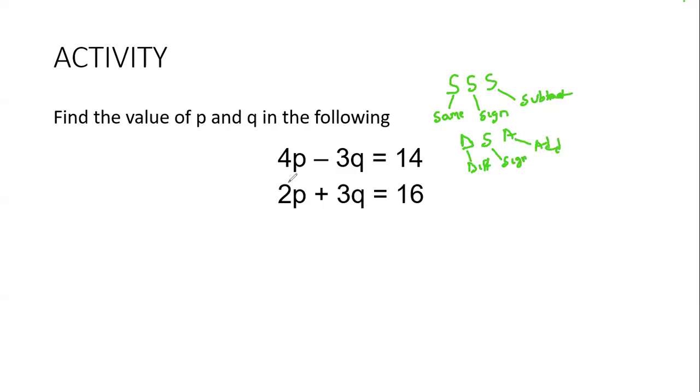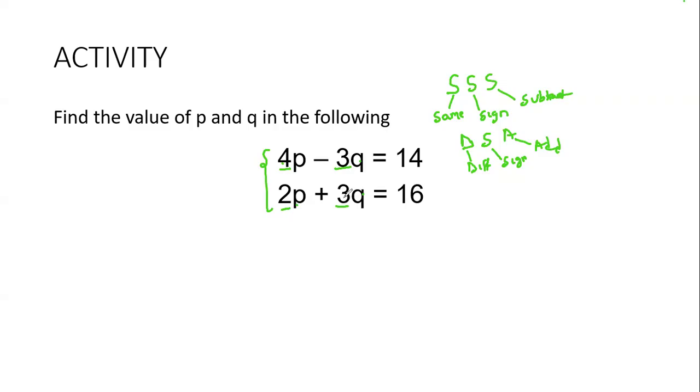Take an example from the question we are dealing with. First look at the coefficients of those equations. This P has a coefficient of 4 in the first equation. Here it has 2, so the coefficients are different. Before you apply this method, you first make sure that the coefficients are the same. When you look at Q and Q, the coefficient is the same here and here.